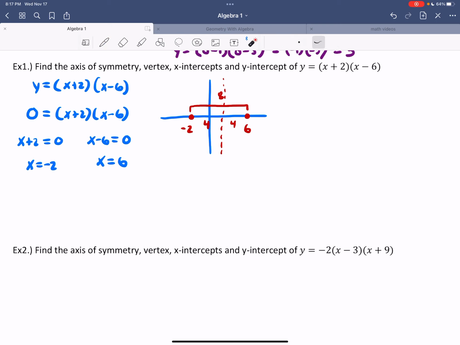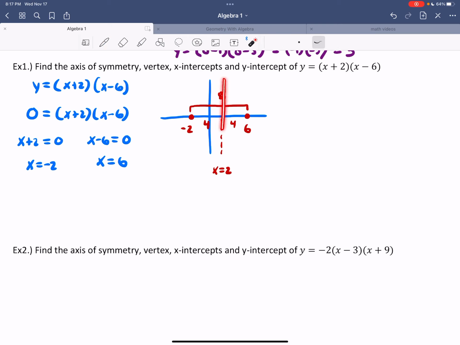So that means I'm going to go 4 to the right of negative 2 and 4 to the left of 6 and see where I land. That's going to end up being the line x equals 2. So remember, your axis of symmetry is halfway between your x-intercepts. In this particular case, that's at x equals 2.